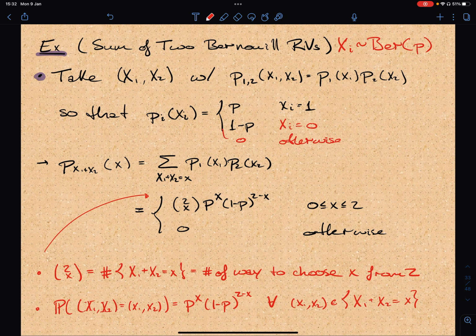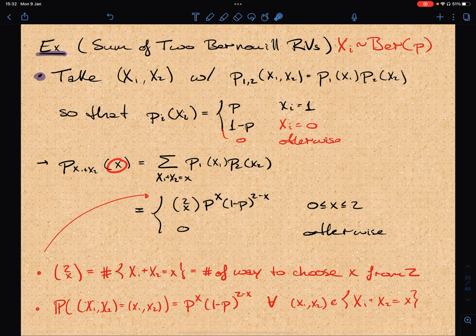So we have these two random variables, and what we want to compute now is the distribution of this. And we use the same formula as in the previous slide. This is going to be the probability that x1 plus x2 is equal to x. So this is the distribution function for x1 plus x2.